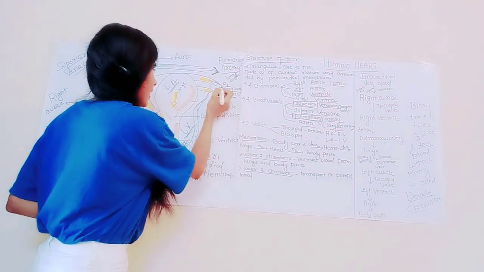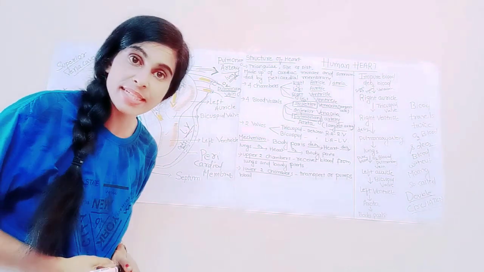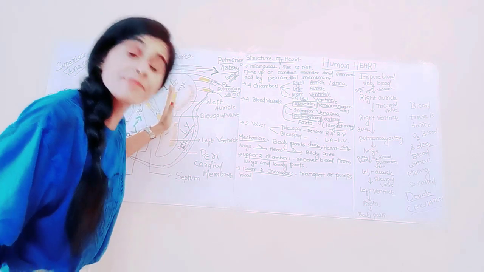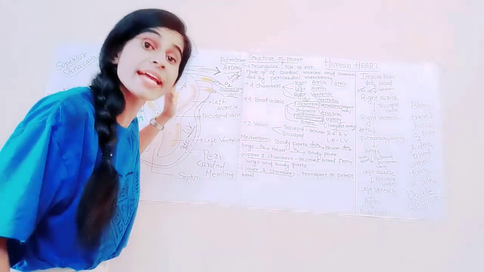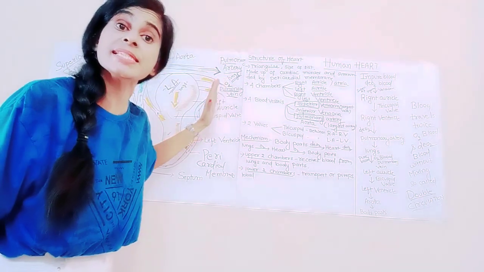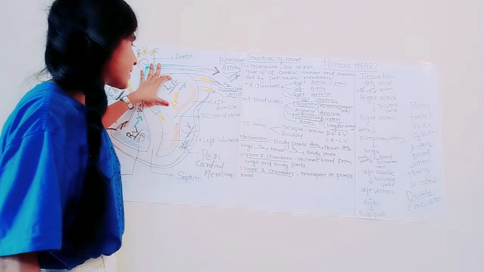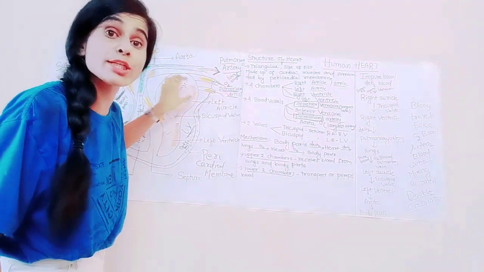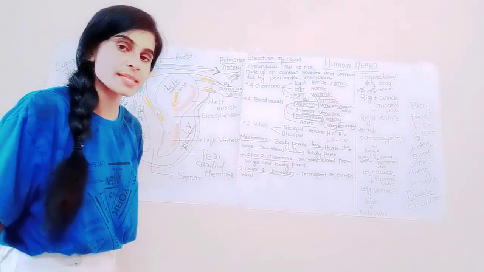From the lungs, it enters into the left auricle. That means left auricle receives oxygenated blood from lungs through pulmonary vein. Pulmonary itself means lungs. So left auricle receives pure blood from lungs through pulmonary veins.